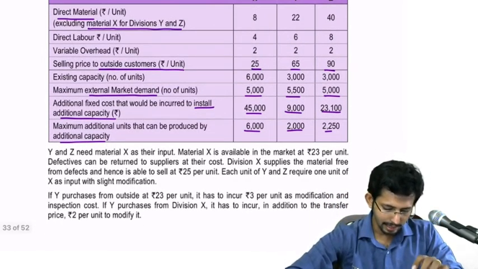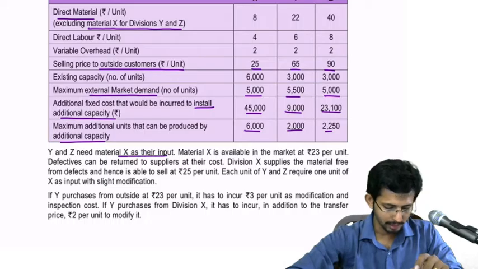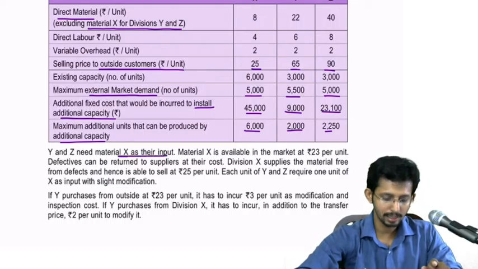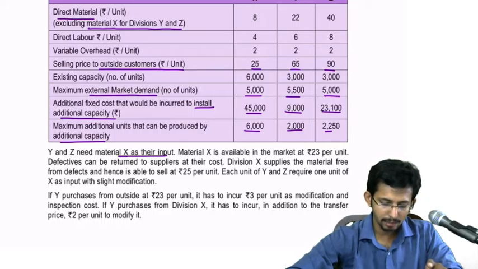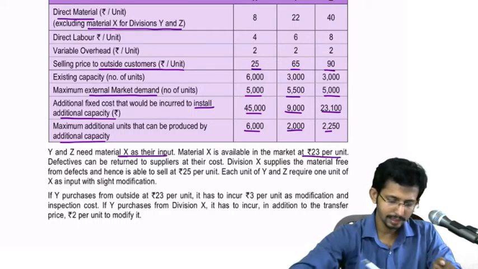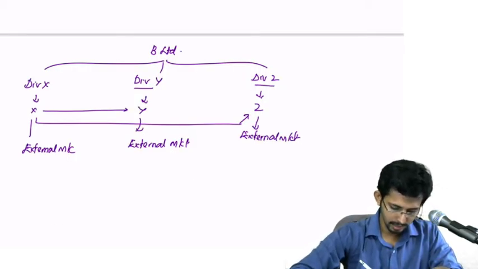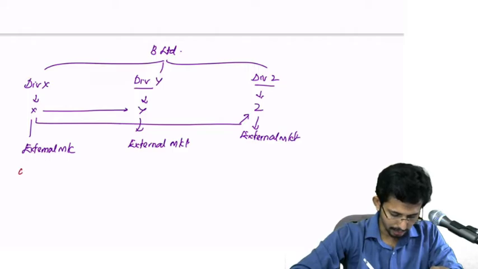Y and Z need material X as their input. That is what we saw, right? Because material X is required by both Y as well as Z. Material X is available in the market at 23 per unit. So that is the market price.